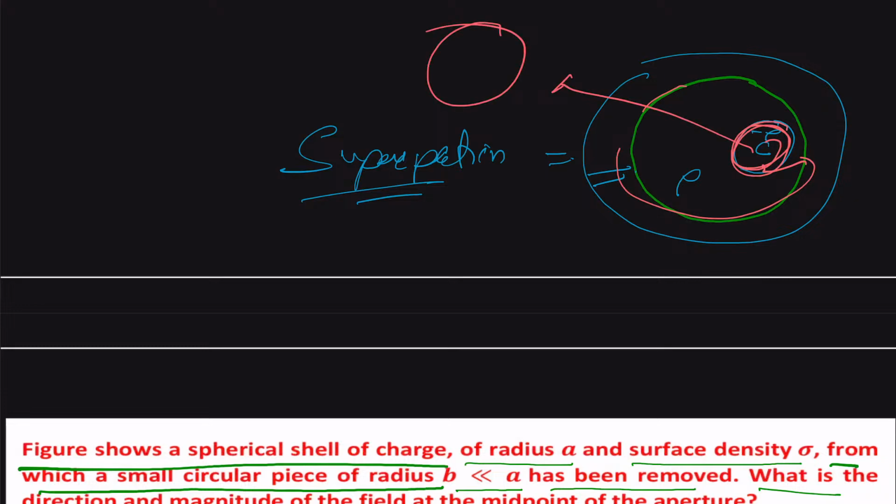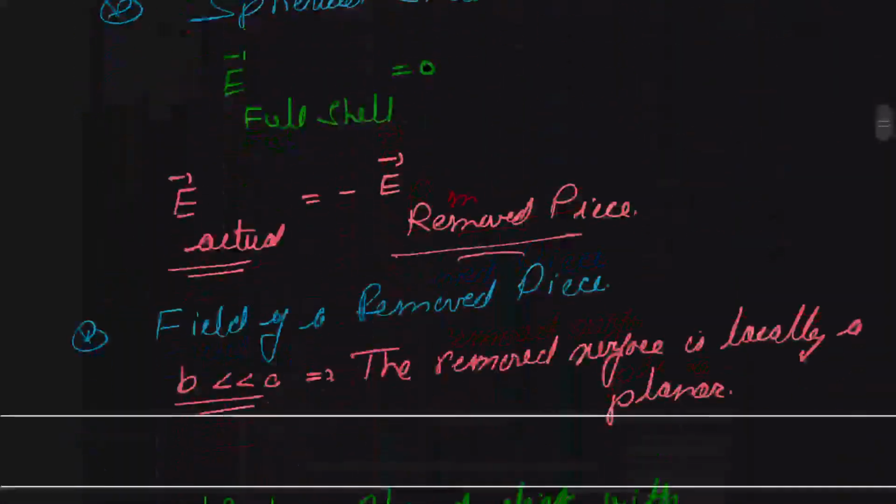In this question it is given that it is a radius of B, and this B is very much less than A, where A is the radius of the main body. Because of this, for approximation we can treat it as a disk. So this is the only difference between the two, otherwise it is quite straightforward.